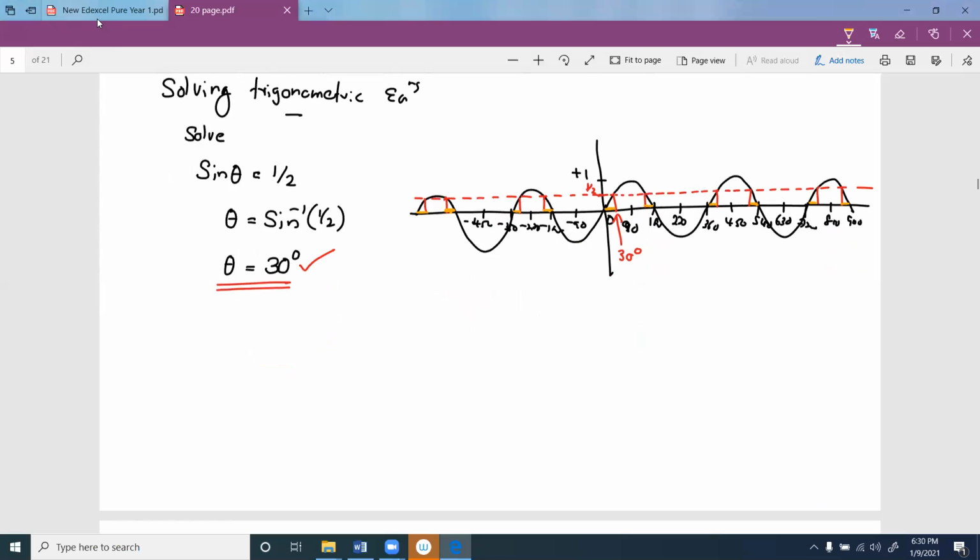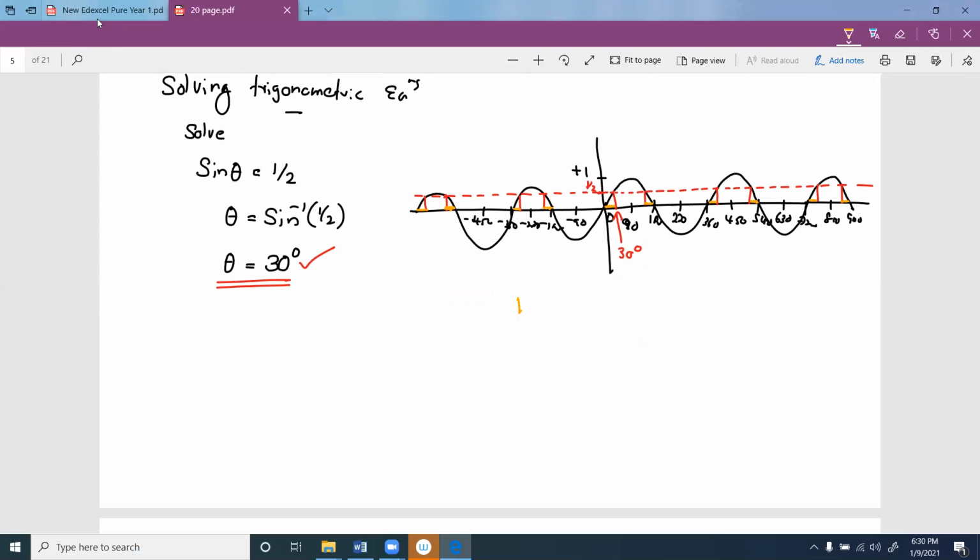For sine, if the first angle is alpha, just like for this question it's 30, the second angle you can obtain from here: the same gap is to the left side of 180. The second angle is 180 minus alpha. Hope you understand how I get 180 minus alpha.